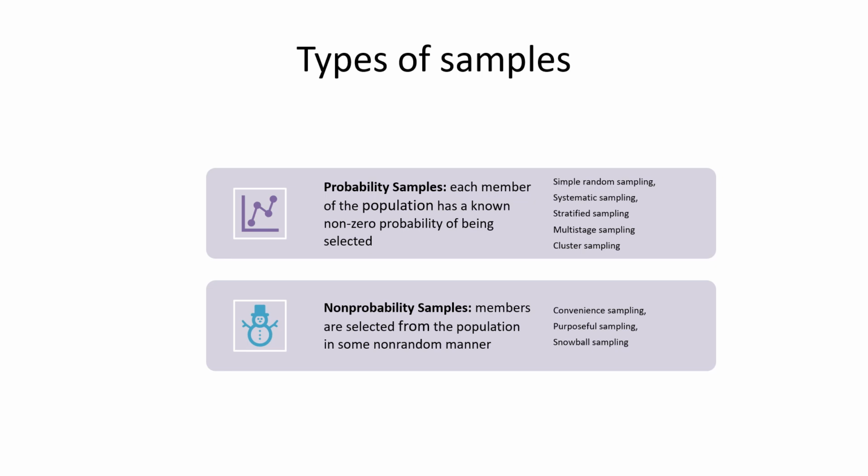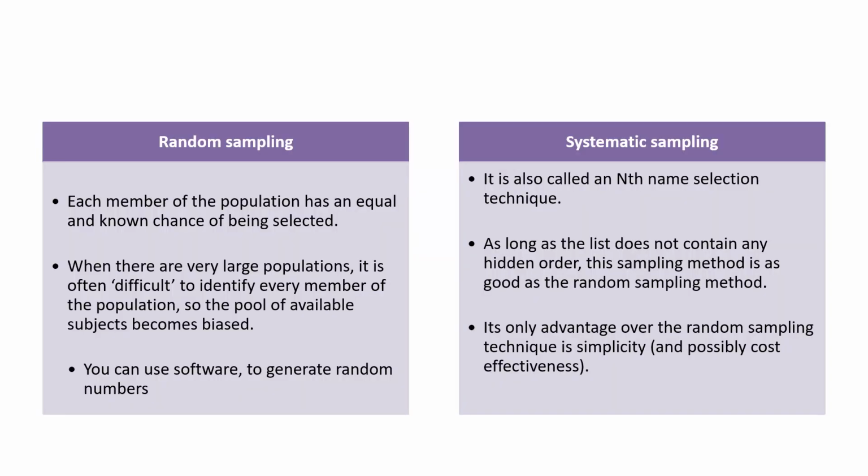You could also have non-probability sampling where members are selected from the population in some non-random manner. So you can have convenience sampling, purposeful sampling, and snowballing. Specifically looking at random sampling, each member of the population has an equal chance of being selected.